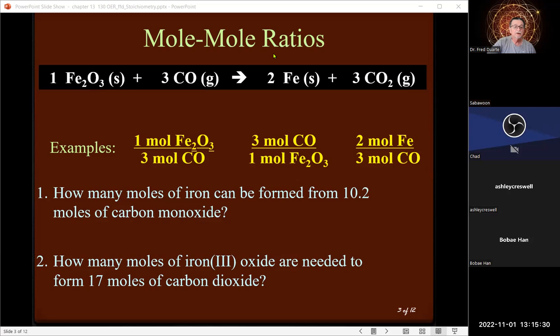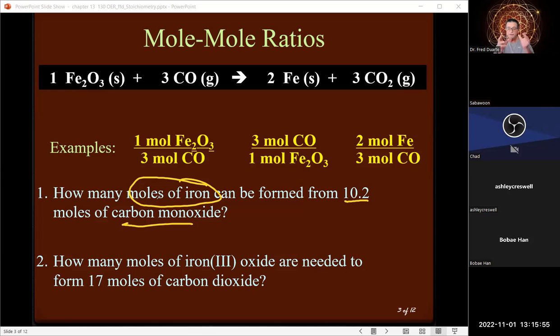So let's take a look at, let me fix that. Okay. So question: how many moles of iron can be formed if we have 10.2 moles of carbon monoxide, okay?